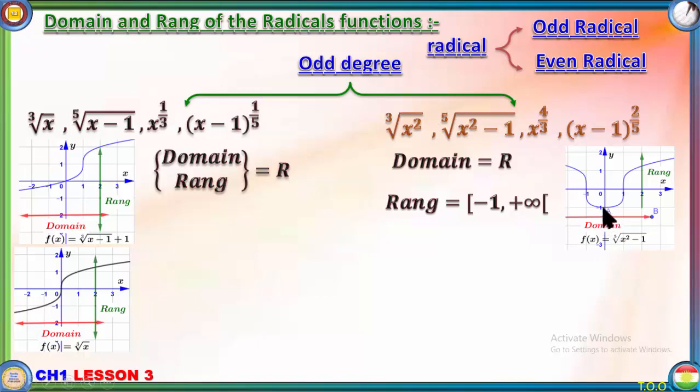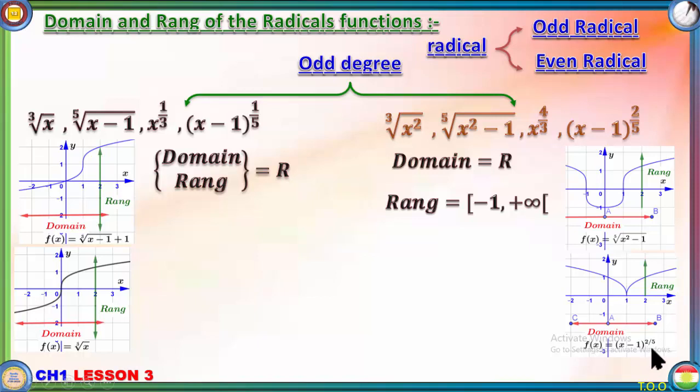The range is from minus 1 to positive infinity, but the domain is real numbers. In the second one, x minus 1 to the power 2 over 5, when x minus 1 is 0, then x is 1. When replacing x with 1 it becomes 0, then the range begins from 0 to positive infinity.